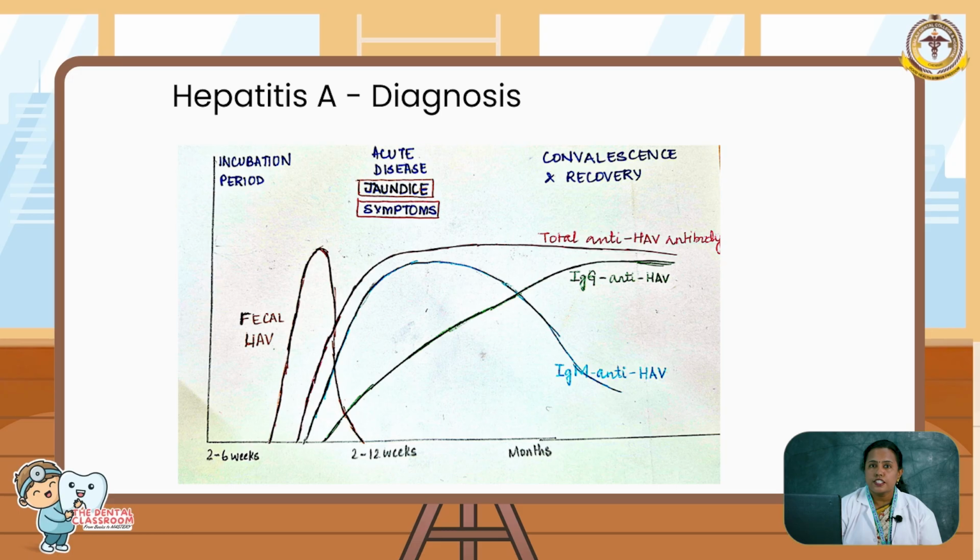The diagnosis is by demonstration of the hepatitis A virus in the feces during the late incubation period and the early icteric phase. After its disappearance, there will be appearance of anti-HAV antibody in the serum, which indicates recovery and confers lifelong immunity.